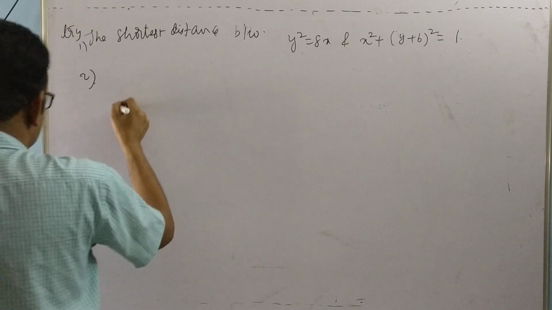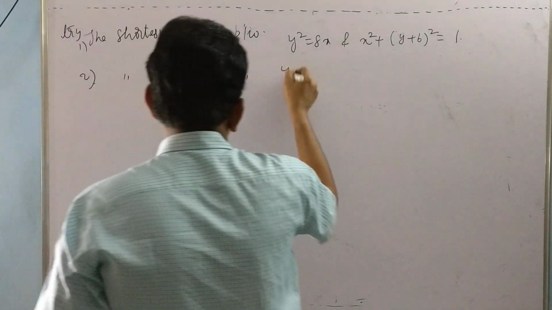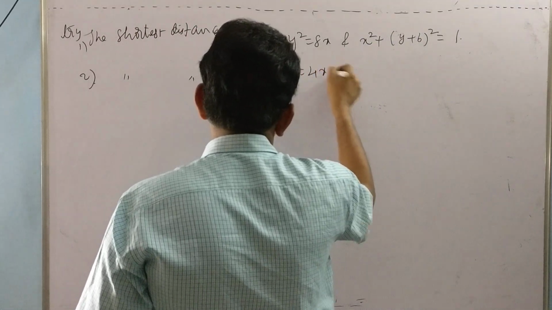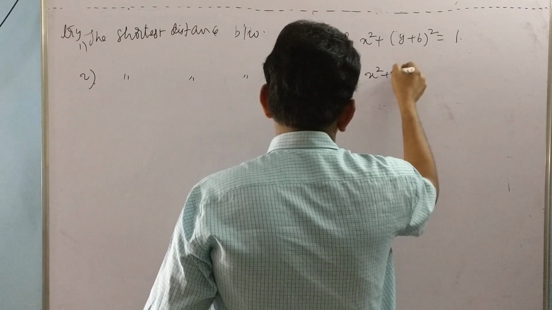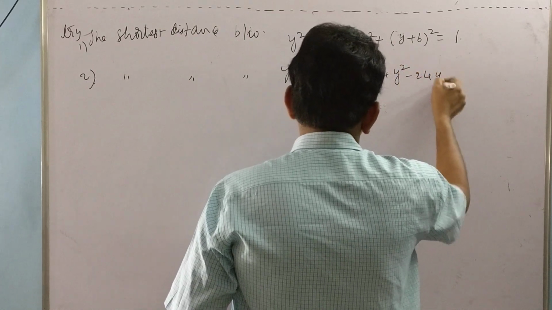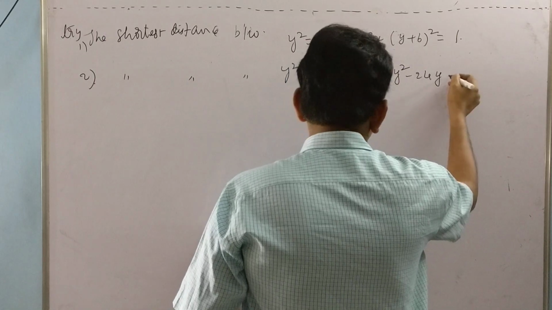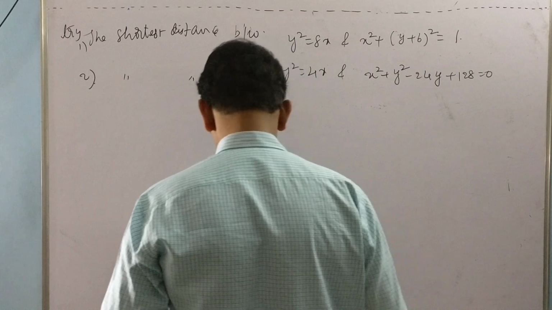And the shortest distance between y square equal to 4x and x square plus y square minus 24y plus 128 equal to 0.